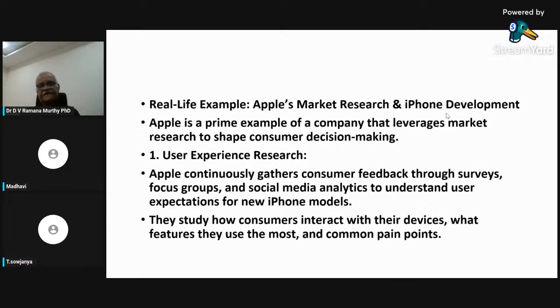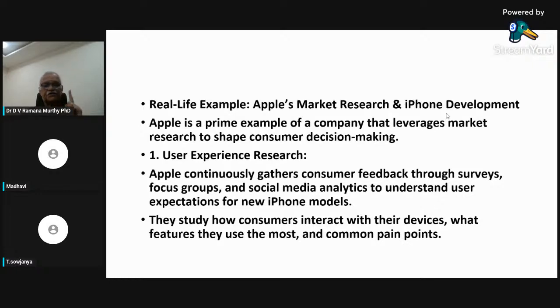Again, I have an example with me. Apple's market research and iPhone development. It's a very beautiful case here. It's a real life example. I'm just quoting here again. Apple is a prime example of a company that leverages market research to shape consumer decision making.